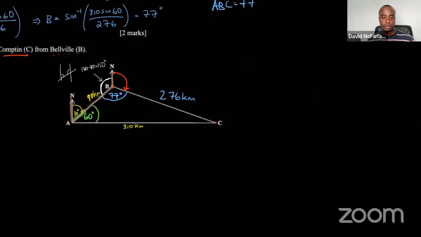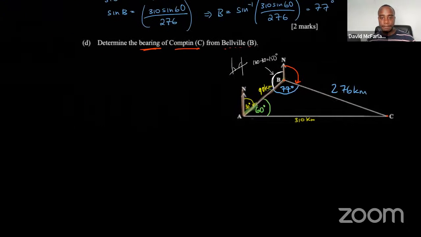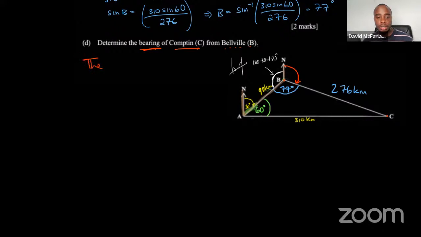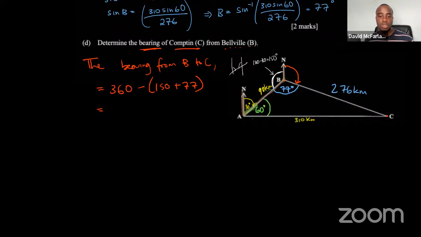Okay? So let's do that now. So here, what do we know? Let's put that in red. So the bearing from Belleville, from B to C, is going to be equal to 360 minus that 150 and 77. Now 150 plus 77, that's 227.